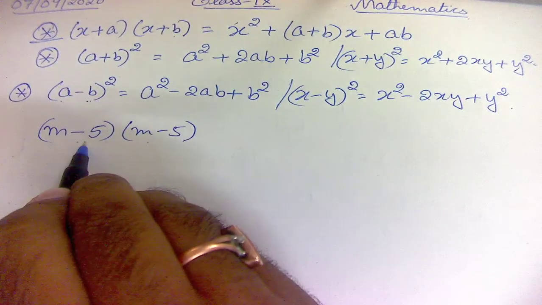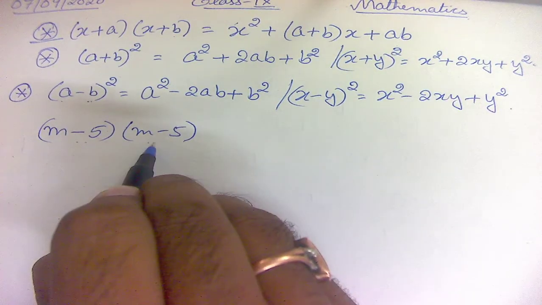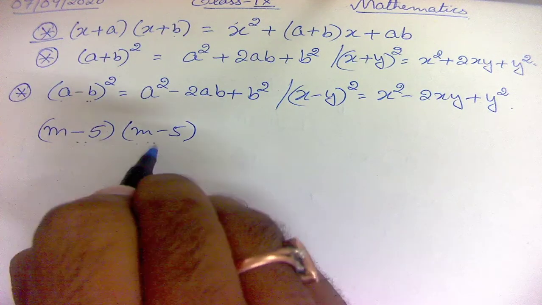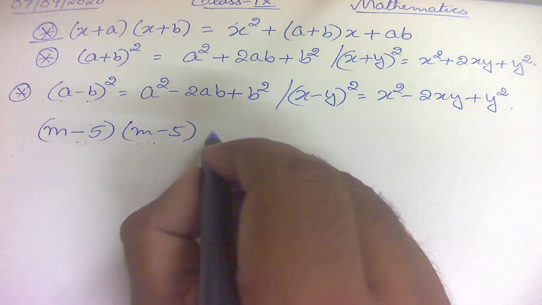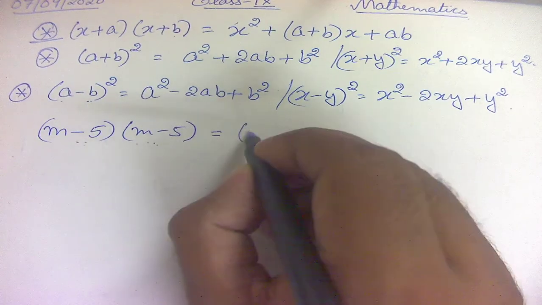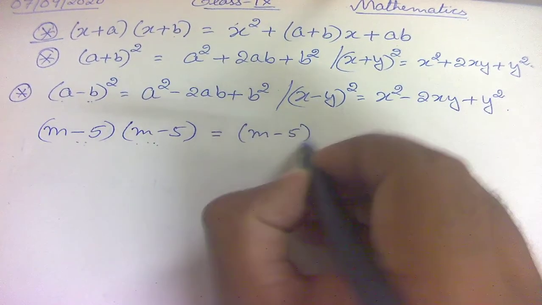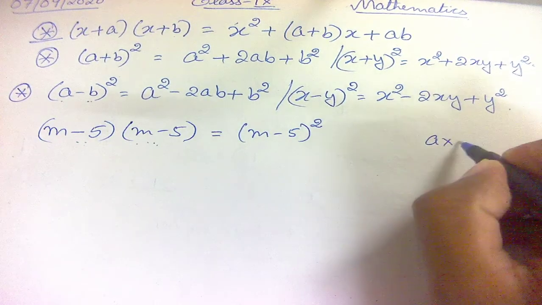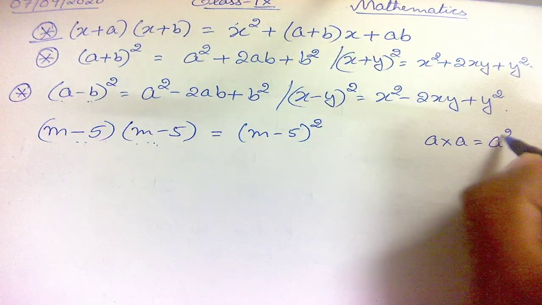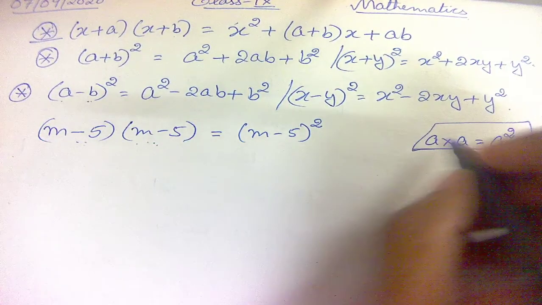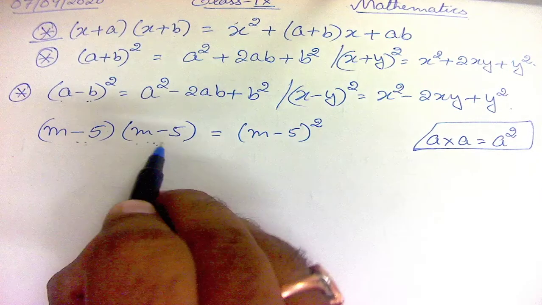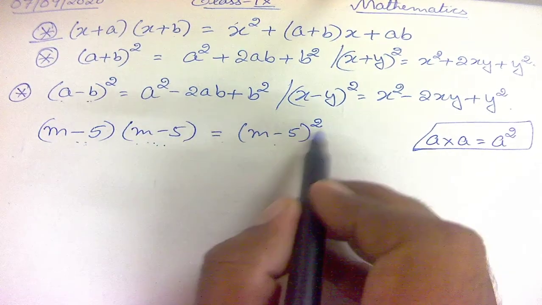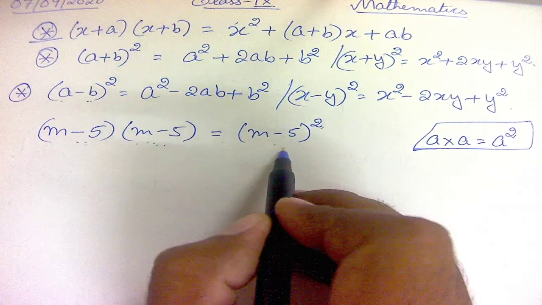Both are binomials and they are identical, meaning you are multiplying a binomial with itself. So we can write it as (m - 5) whole squared, as you have done earlier also, that is a multiplied by a equals a squared. The same way, (m - 5) multiplied by (m - 5) equals (m - 5) whole squared.